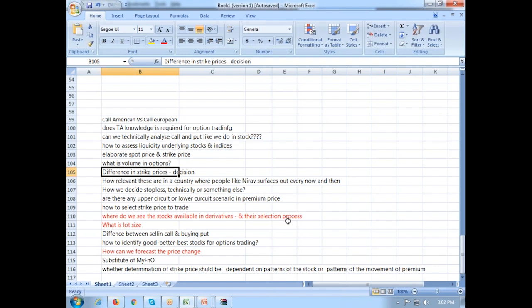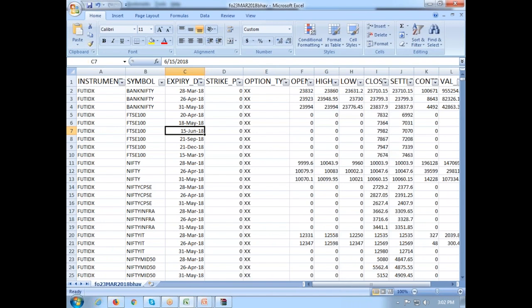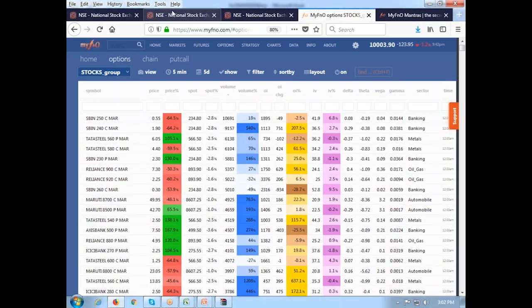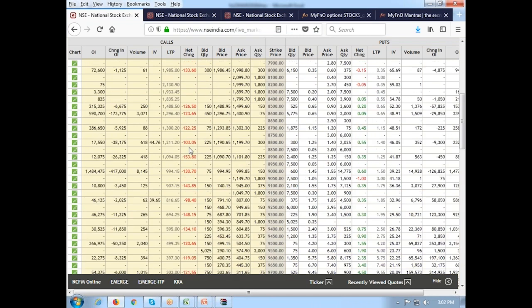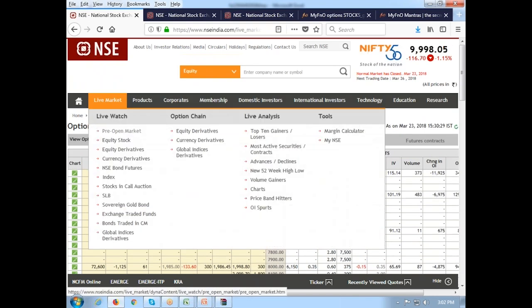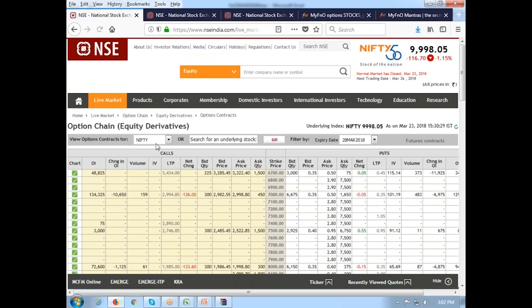Like a few days back, Tata Steel had a rights issue. So how will you check for Tata Steel? You go in there, option chain, live market, equity derivatives, option chain. This is the default page you get. You either select Nifty or Bank Nifty from indices, or you type the name of the stock.